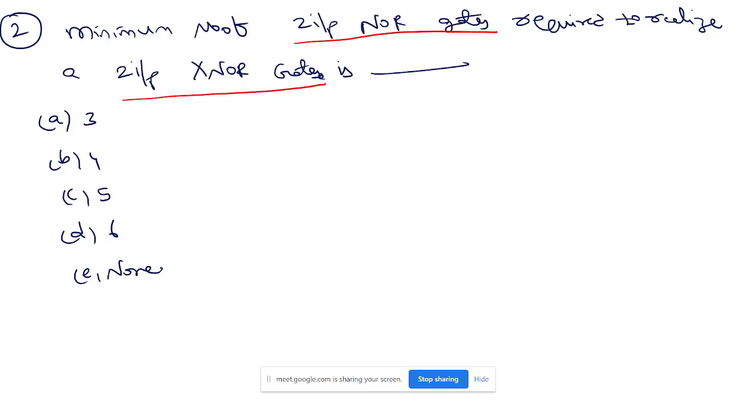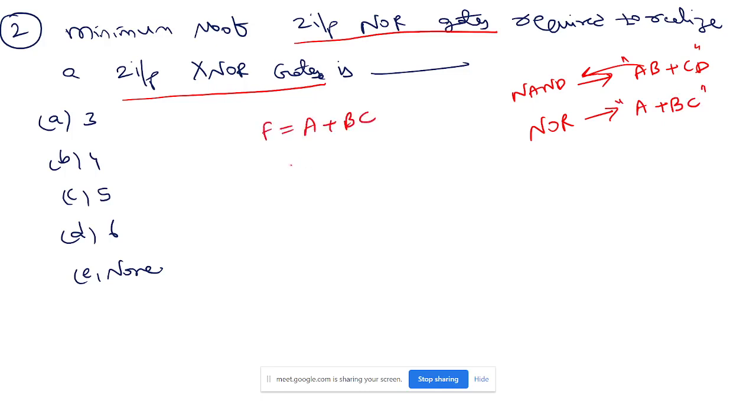Now, for NAND gates, if you take this kind of format, AB plus CD will give you the minimum number of NAND gates. But for NOR, you look at A plus BC, something like that. Why A plus BC? Let's say, for example, if you take A plus BC, this can be written as (A plus B) into (A plus C).